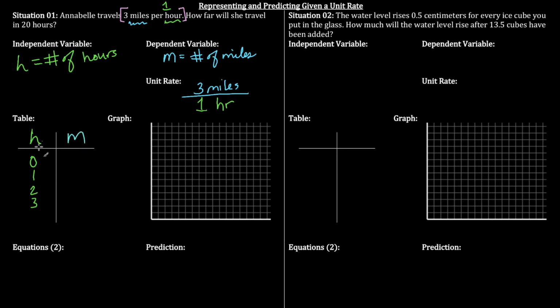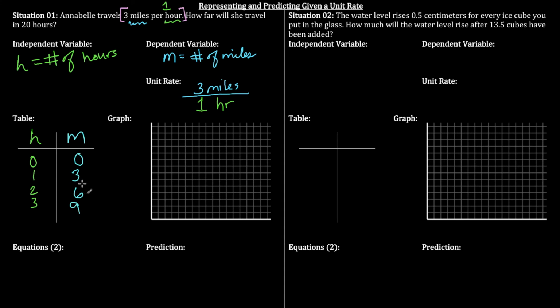But we all know if you don't travel at all for no amount of time, you would get 0 miles, right? But after 1 hour, how far should Annabelle have traveled? That's easy. That's 3, because it's 3 miles every 1 hour. So another hour, she would travel 3 more, and she would be at 6. Another hour, she'll have traveled 9.